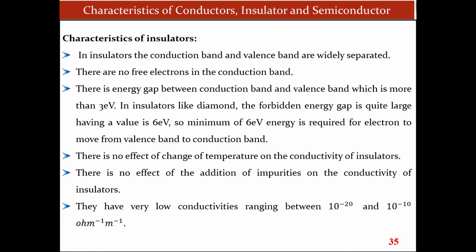In an insulator like diamond, the forbidden energy gap is quite large, having a value of 6 electron volts, larger than 3 electron volts. So a minimum of 6 electron volts of energy is required for an electron to move from the valency band to the conduction band. There is no effect of change of temperature on the conductivity of an insulator.